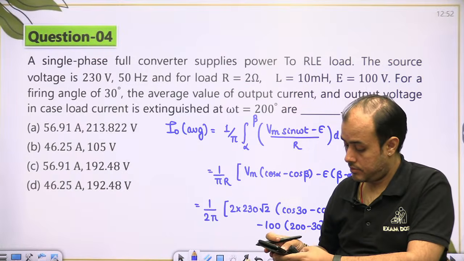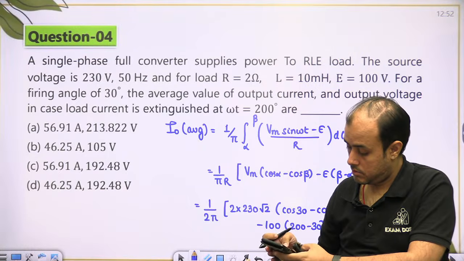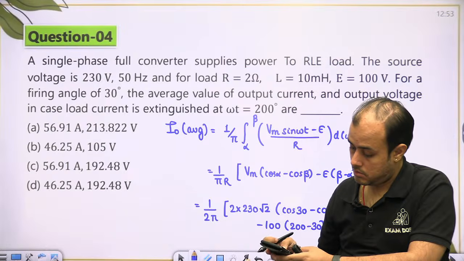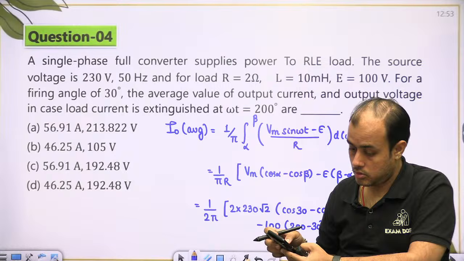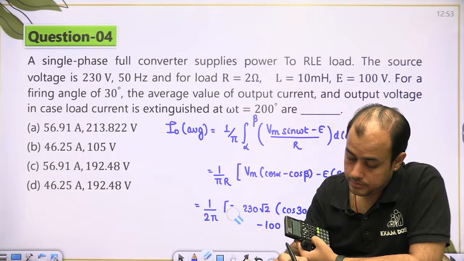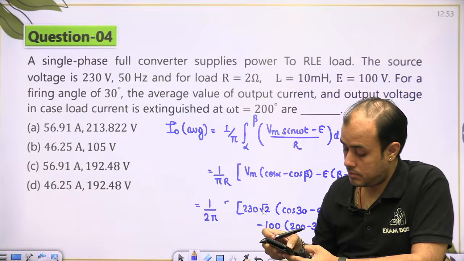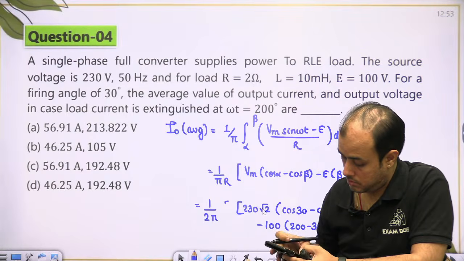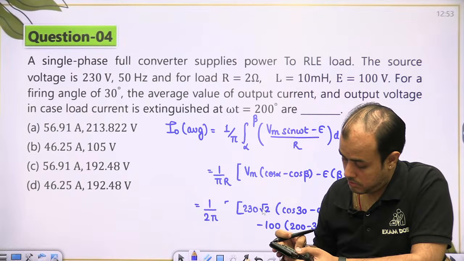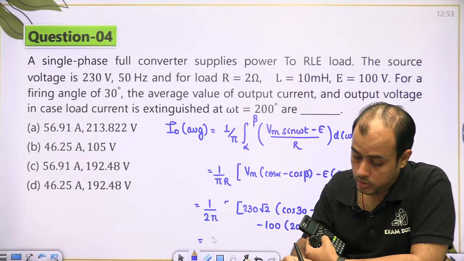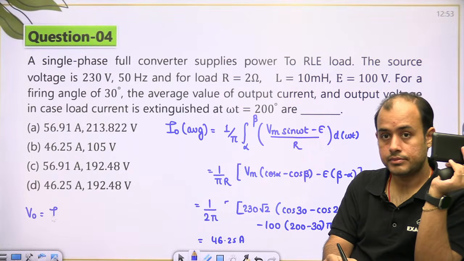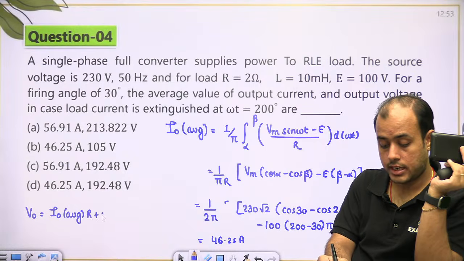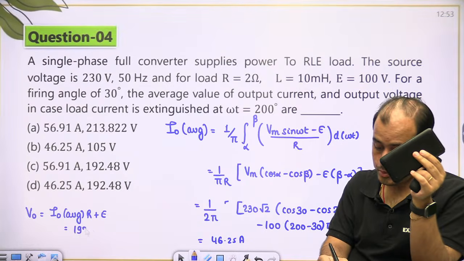Okay. 46.25. Now what will be V naught, beta? I naught average R plus E. So 192.4.